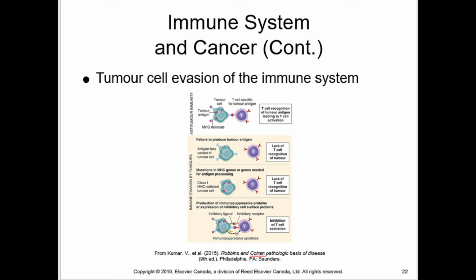The damaged DNA in cancer cells frequently directs the mutated cell to produce abnormal proteins. These abnormal proteins are commonly referred to as tumor antigens.